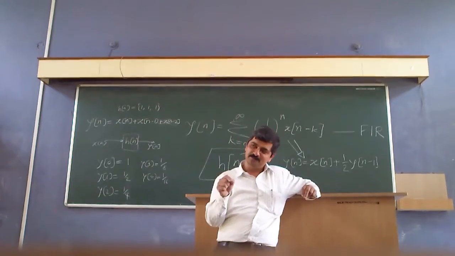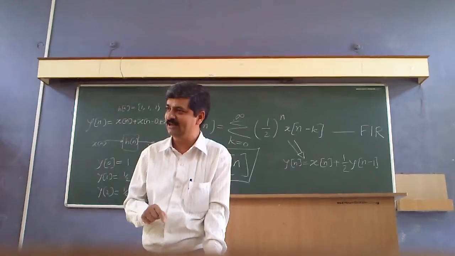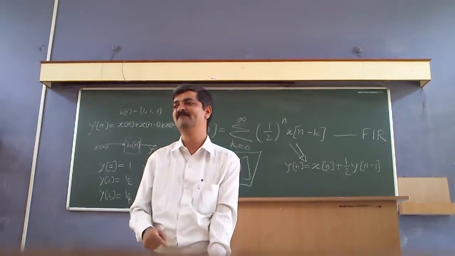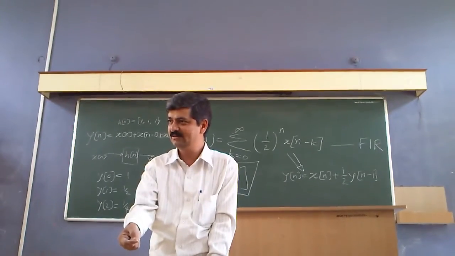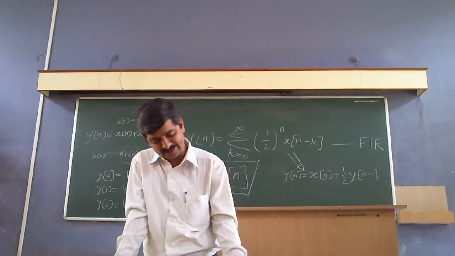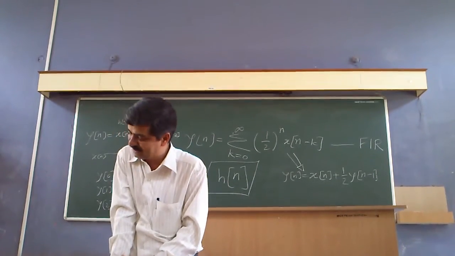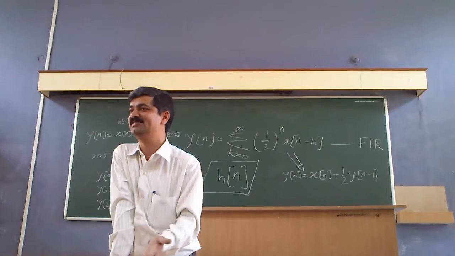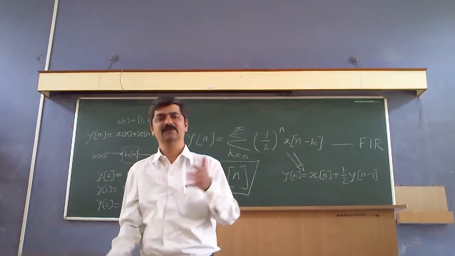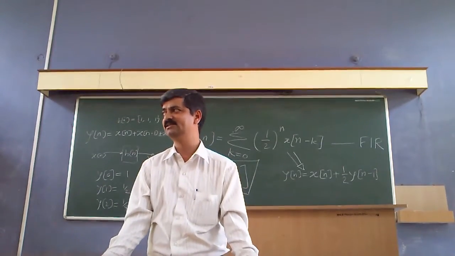A deterministic signal of infinite duration or infinite samples can be expressed by a single equation of finite coefficients, and a random signal of finite length can also be expressed by finite coefficients. Because when I have a finite length sequence, I can simply write x(n).